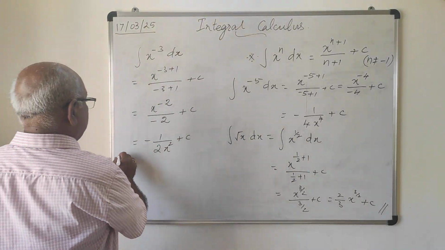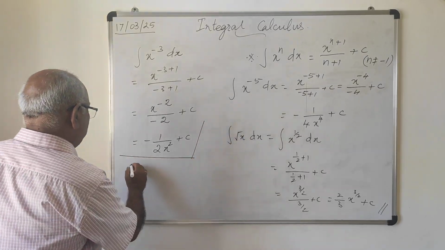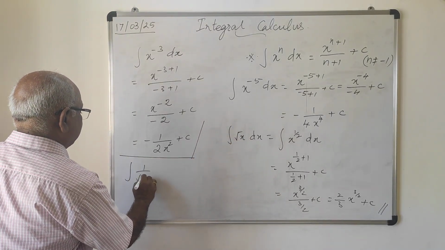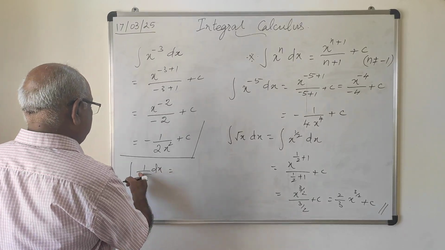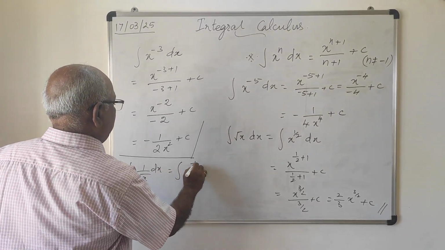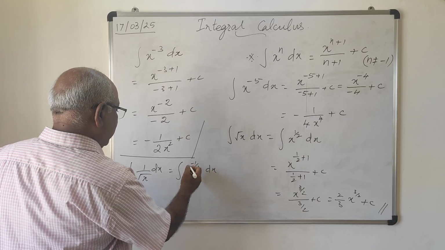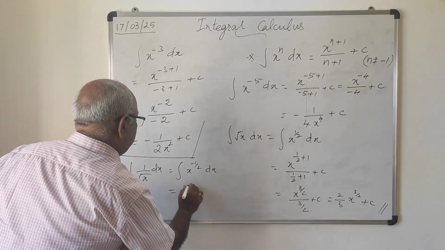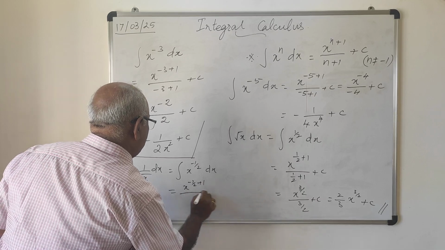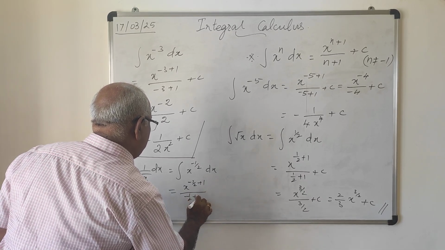Similarly, another example: integral 1 by root x dx. In this case, how can you integrate 1 by root x? This is integral x power minus half dx. In this case also, you apply the same result: x power minus half plus 1 by minus half plus 1.